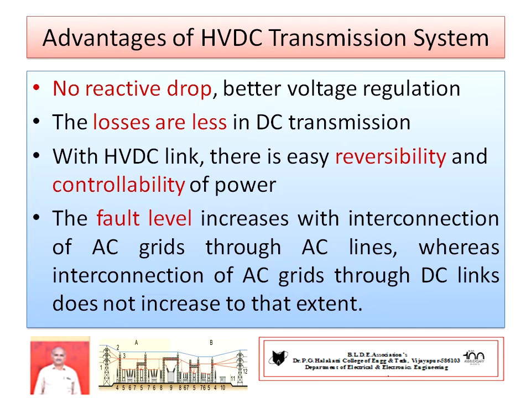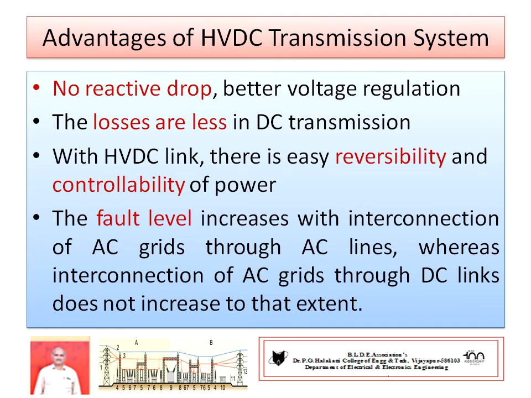With an HVDC link there is easy reversibility and controllability of power by using suitable control circuits in the converter. We can convert AC to DC and DC to AC very easily, with better controllable circuits. Very important is the fault level.